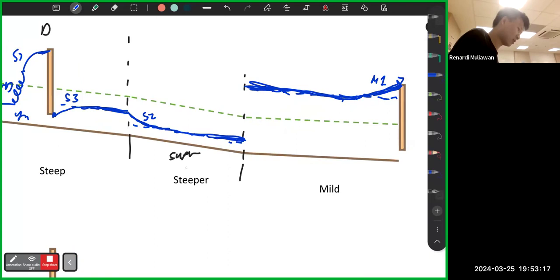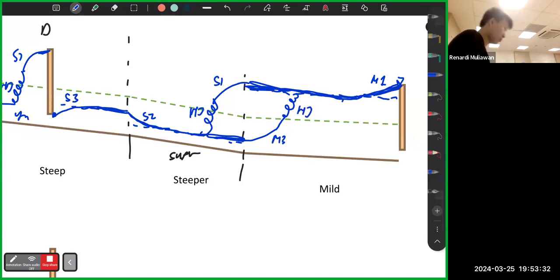But steep to mild is a special case. Okay, remember the steep to mild is a special case. It can be like this, can be like this. So hydraulic jump S1 or M3 hydraulic jump. So how do you know which is which?